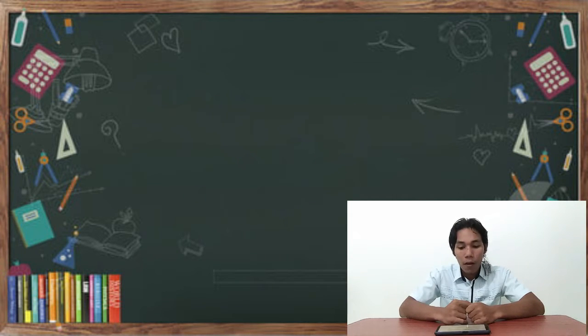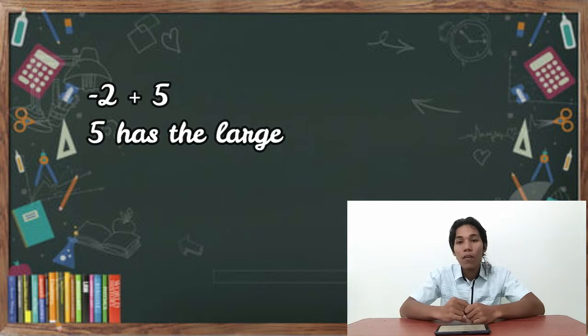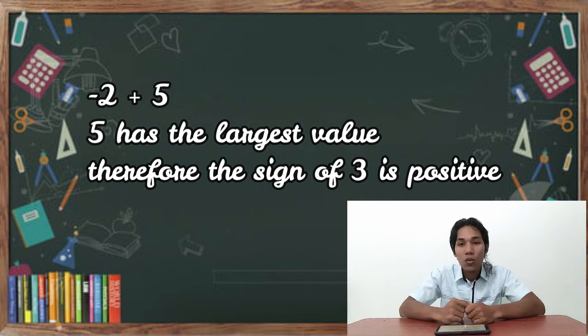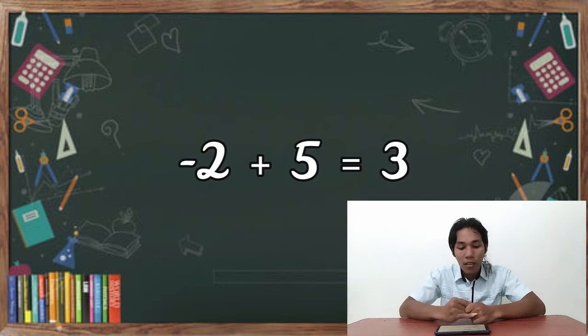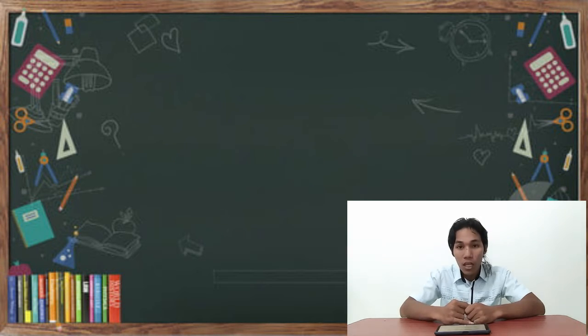So now the answer is 3. Then we will find who has the largest absolute value. In the example, positive 5 has the largest absolute value, so the sign is positive. So negative 2 plus 5 is equal to positive 3.